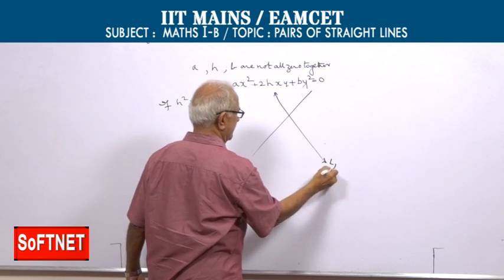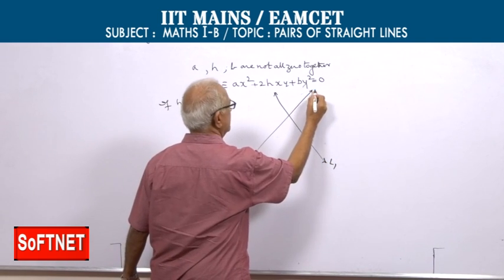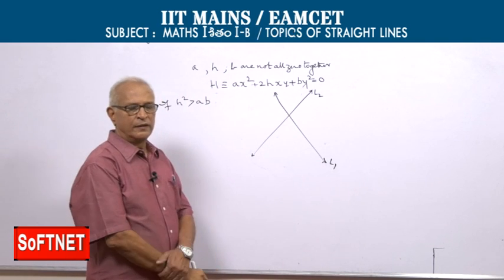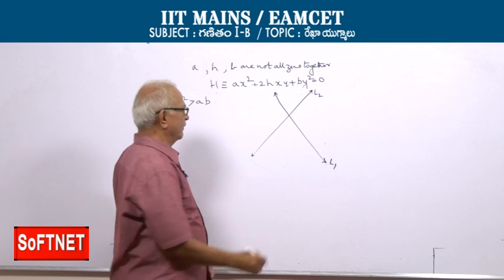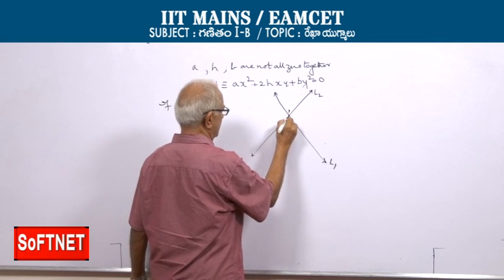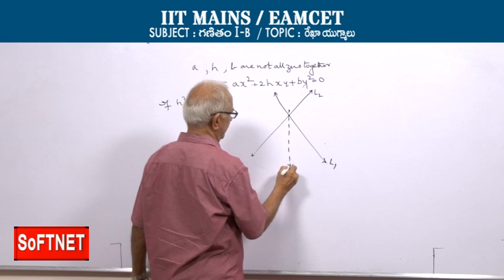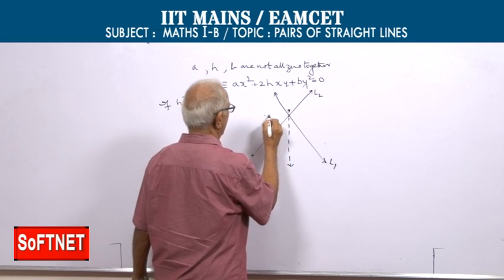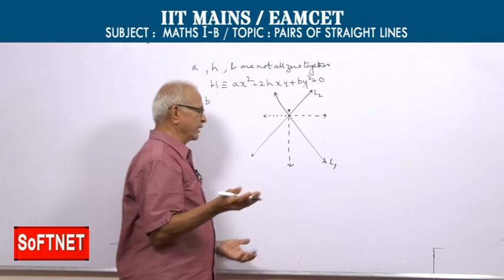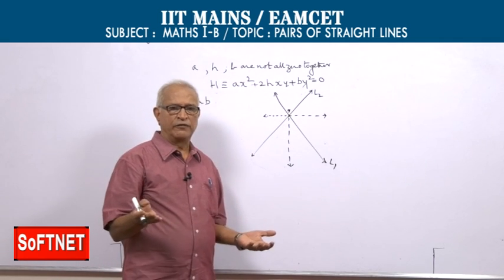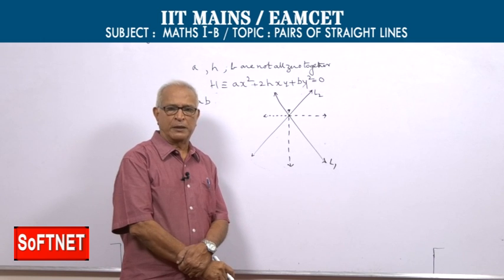One is L1, the other is L2. And you can see that there will be two lines bisecting the two angles between the two lines. One is this angle. This is the bisector of one of the angles between these, and this is the other bisector. And from high school geometry, one clearly finds that these two bisectors are perpendicular to each other.